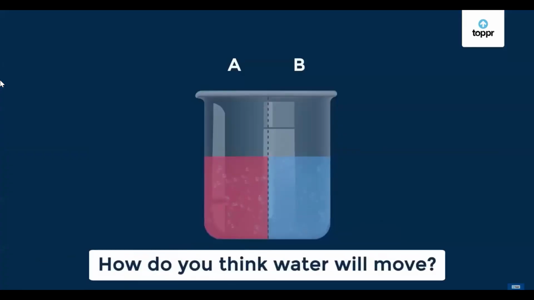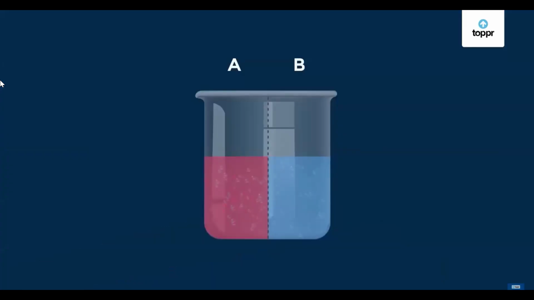Now, if I apply the same principle of diffusion, that is, molecules move from regions of higher concentration to lower concentration, how do you think the water will move? Will it be in the direction of A to B or B to A?